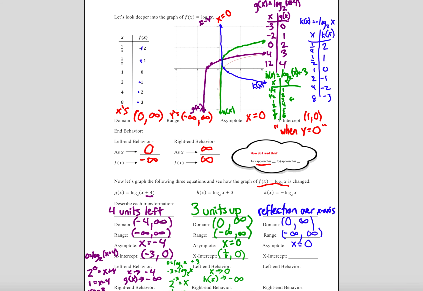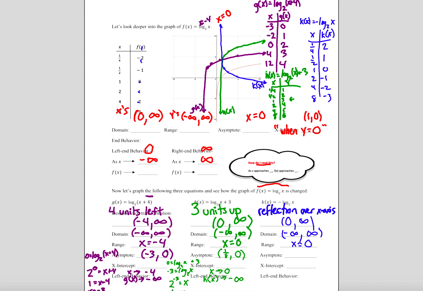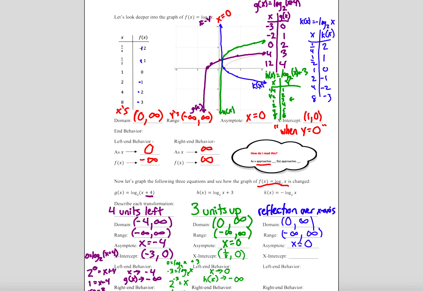The x-intercept, if you look at our table, is also not changing, since it's still from log base 2 of x equals f of x. So that's still (1, 0). Now the end behaviors are definitely changing. As we go to the leftmost of k of x, x is approaching 0, it's never going to be 0, and k of x is going up, so it approaches infinity.